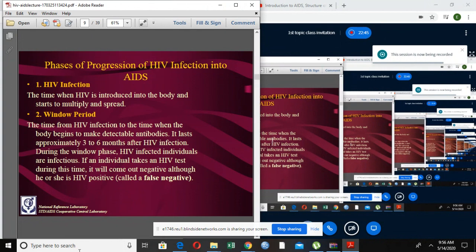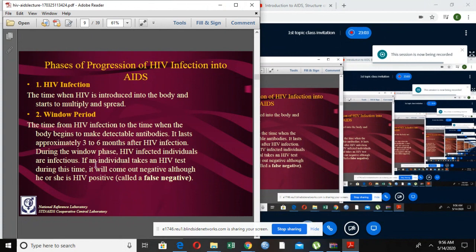It lasts approximately 3 to 6 months. So we normally say 3 because that is the minimum, but it's around 3 to 6 months after HIV infection. During the window phase, HIV infected individuals are infectious.